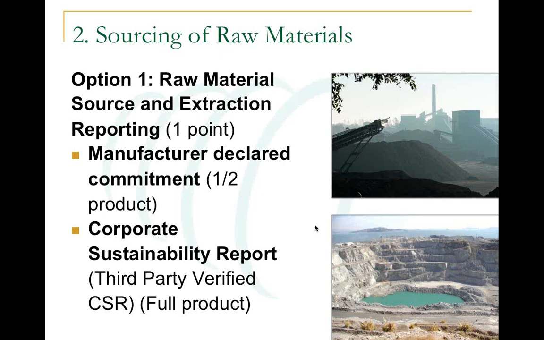And so what they want in option 1, again, is a reporting of how well you are doing. That is how well you're treating the land, the people who are indigenous to that area, the communities, all of that. You can declare it as a manufacturer, or you can actually have a verified corporate sustainability report or corporate social responsibility report, different names, for your product.